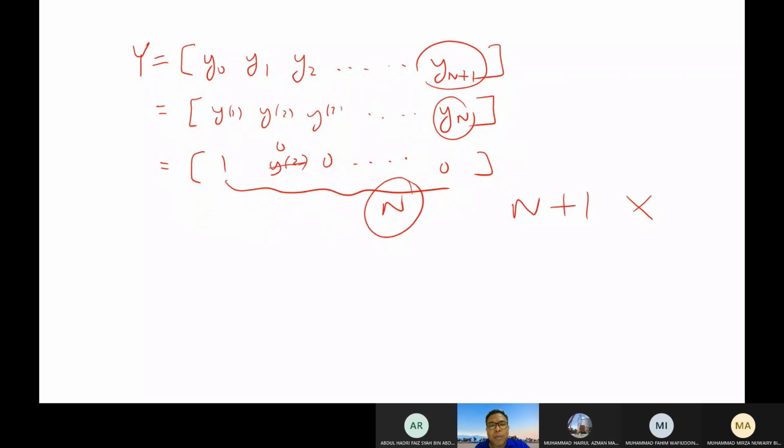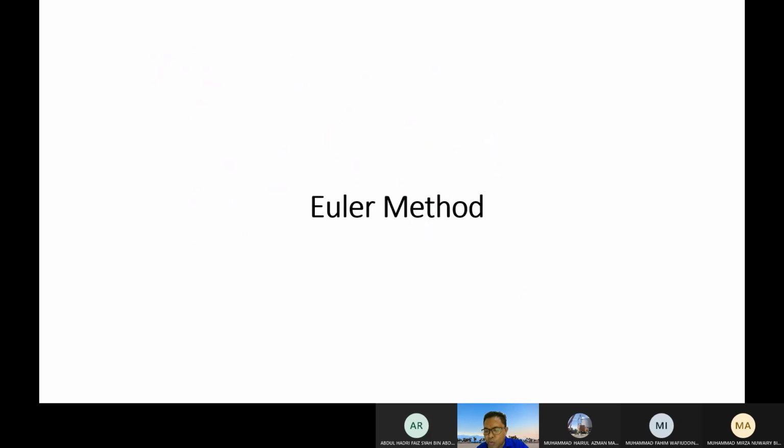Kenapa saya nak buat benda ni? Sebab saya nak buat iteration daripada titik 1 sehinggalah titik N. Maksudnya macam ni, ini you punya T, ini you punya Y. Daripada titik 1, sebab kita dah set ni jadi 1 bukan kosong.